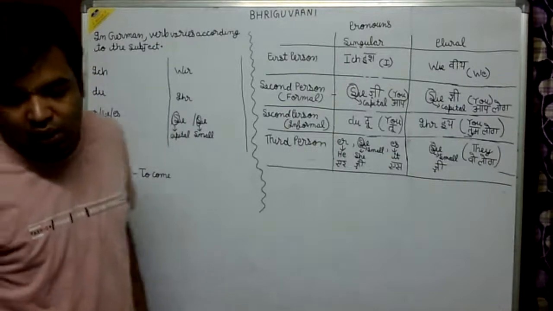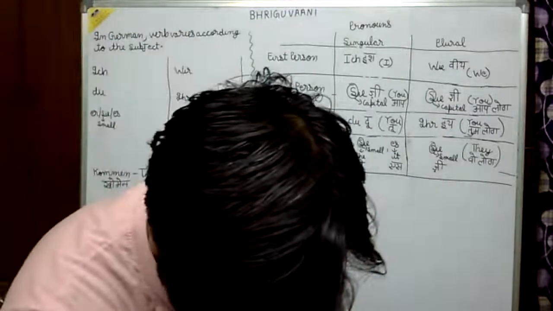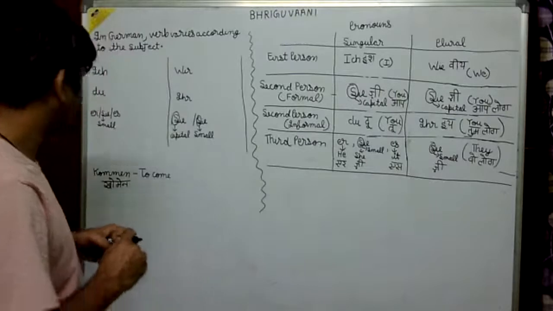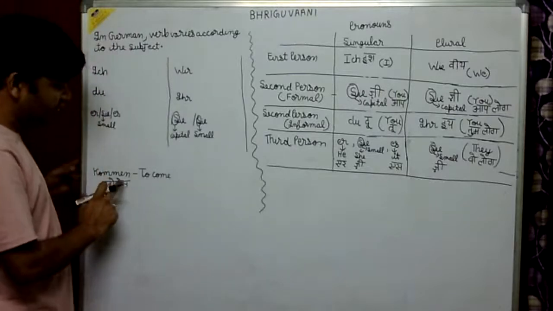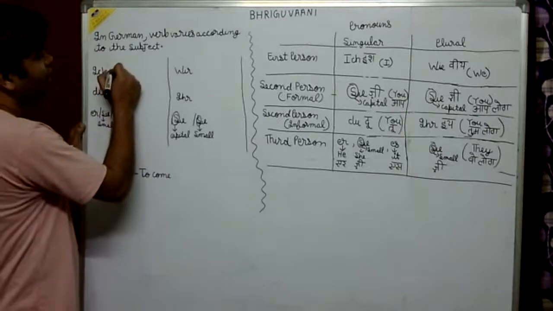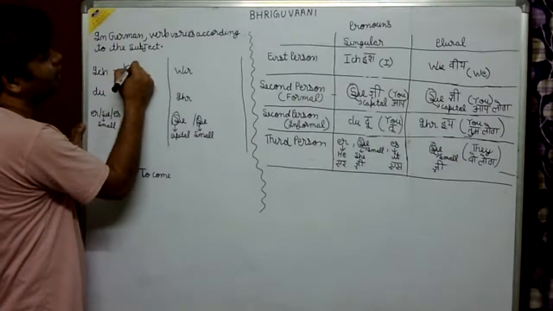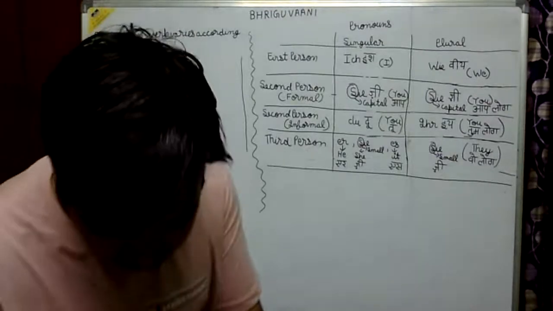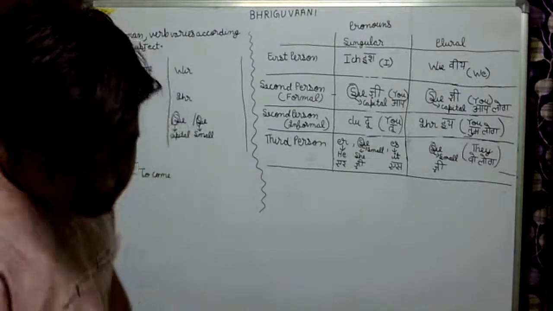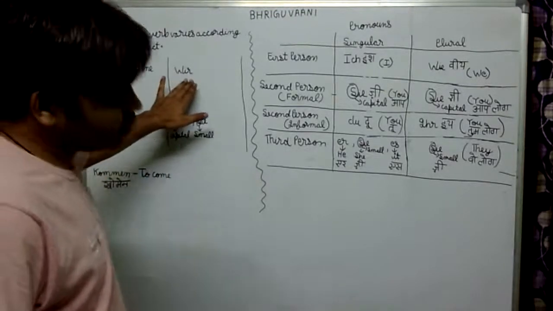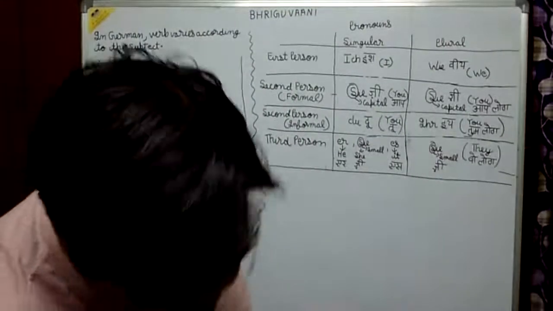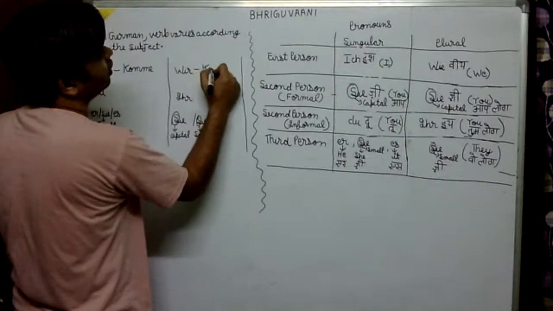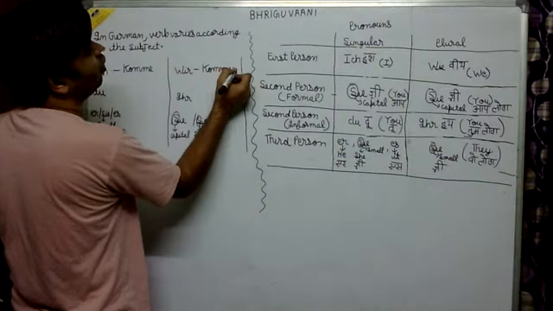Now look how we are changing this kommen. For ich we say komme, and in the case of wir we say kommen.